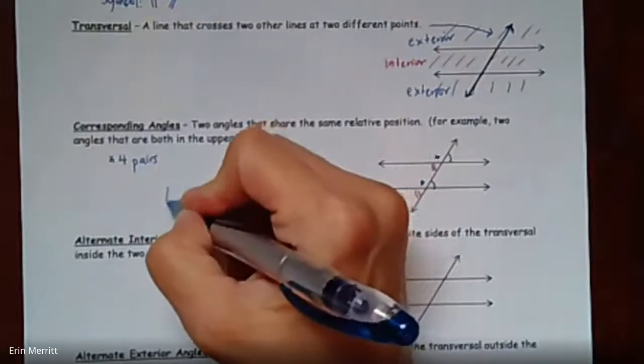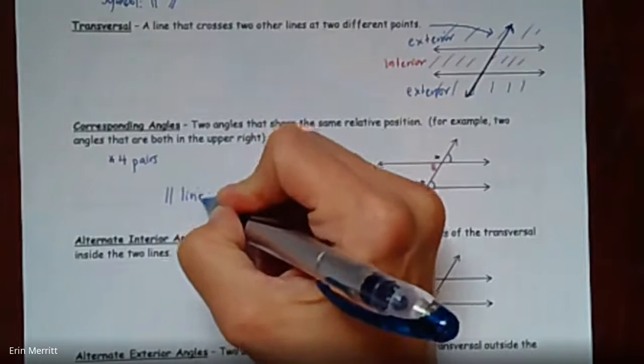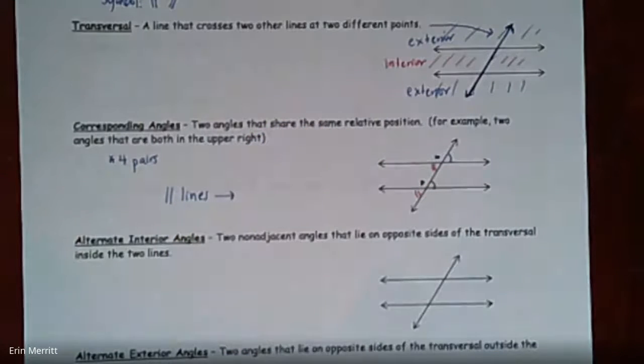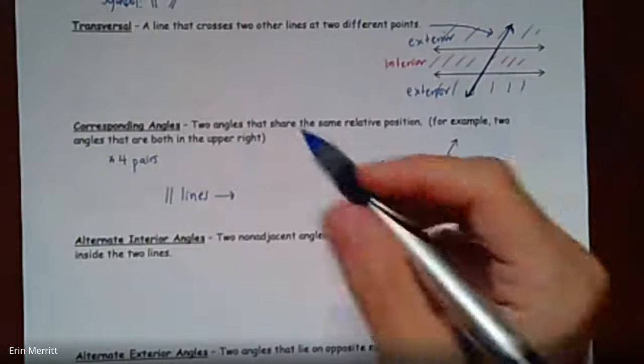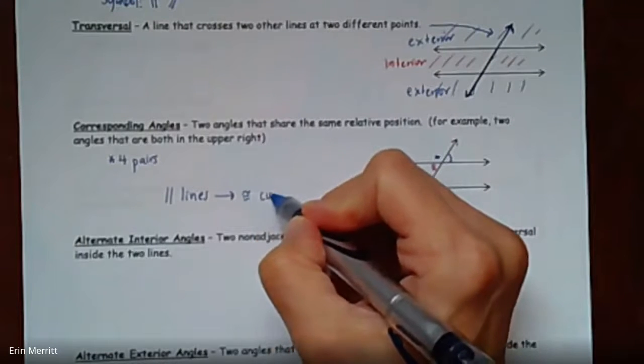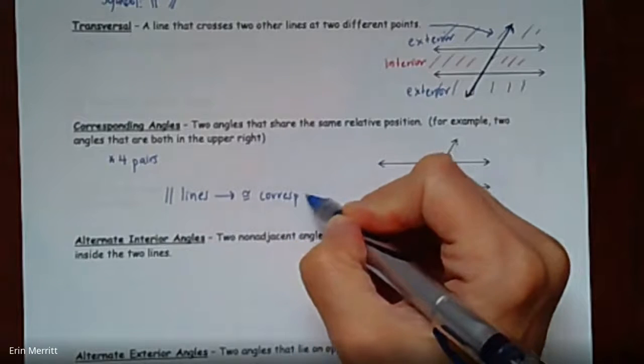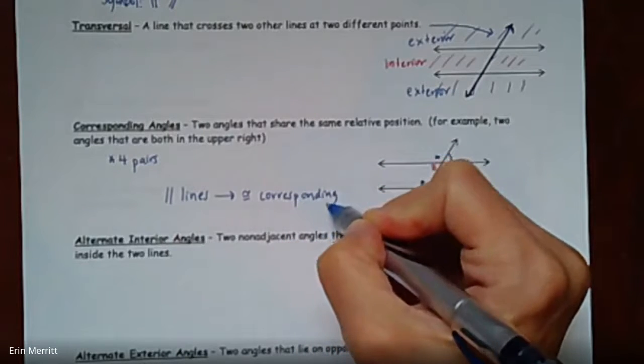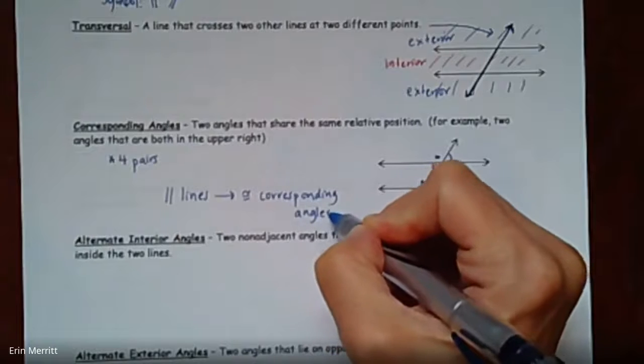And if the lines are parallel, which is a lot of what we're going to be looking at here, then what we're going to note is the relationship between the angles. So given that we have parallel lines, here's kind of that proof notation. We're going to note that those corresponding angles are going to be congruent, which means that they're equal.